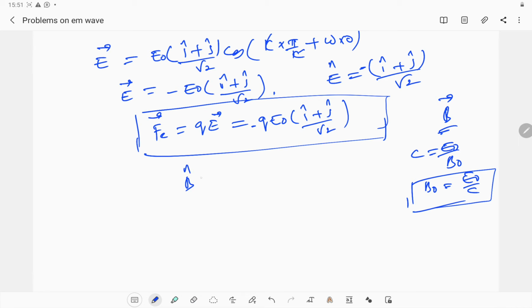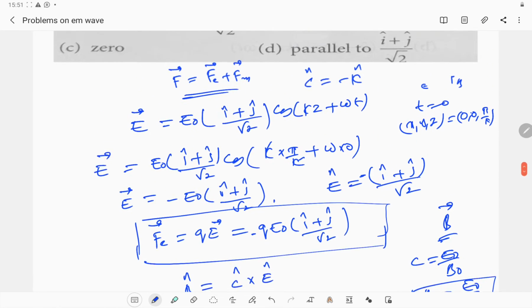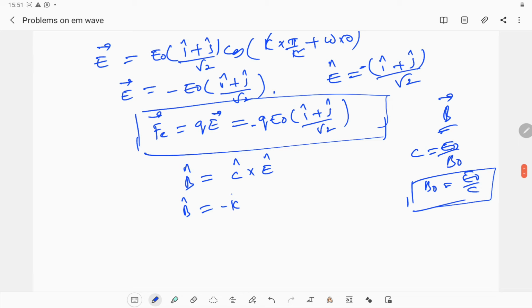Therefore, B cap is equal to c cap cross E cap. C cap is minus k cap, crossed with E cap, which has direction (i by root 2 plus j by root 2).